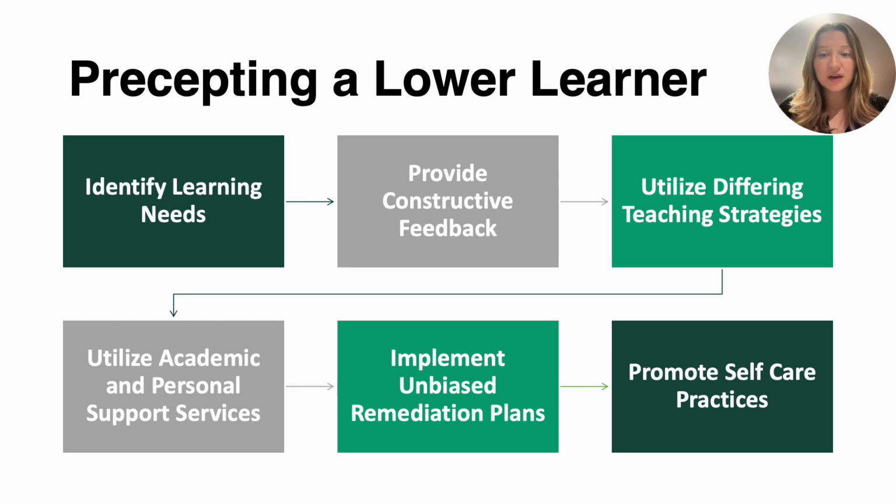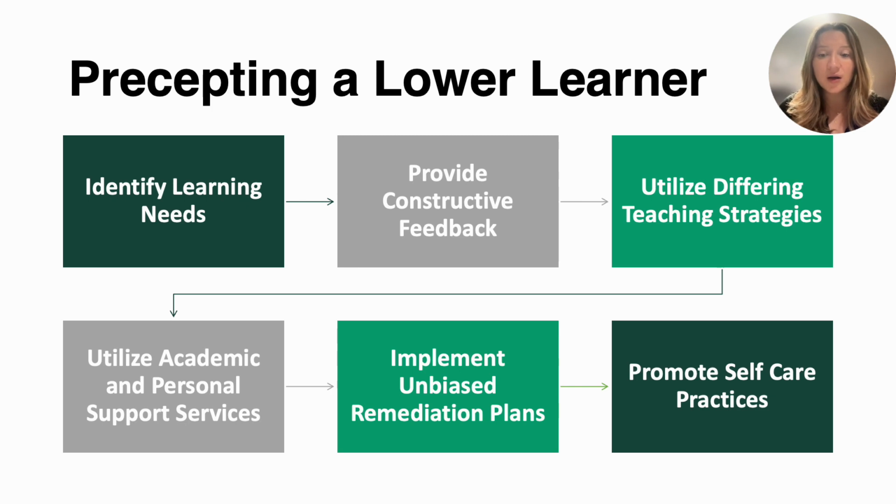Then being able to give unbiased remediation plans. When needed, we want to develop an individualized approach for a lower performer that outlines clear objectives, provides resources, and sets timelines for their improvement. You should collaborate with the student directly so that you can address their learning gaps and monitor their progress.